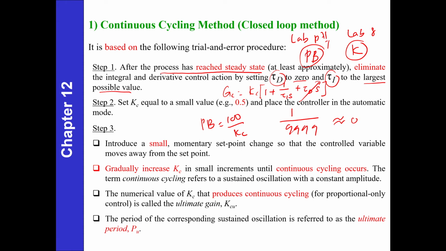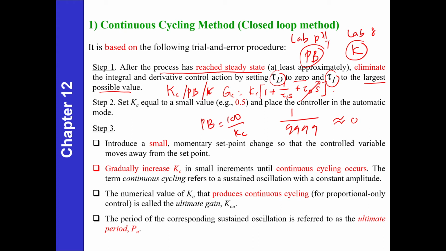You don't have to think too much about it. The first step: when the process reaches steady state, you change the values of tau_I and tau_D to these values, because we want only the value of Kc, or PB, or K, which is the proportional mode only.